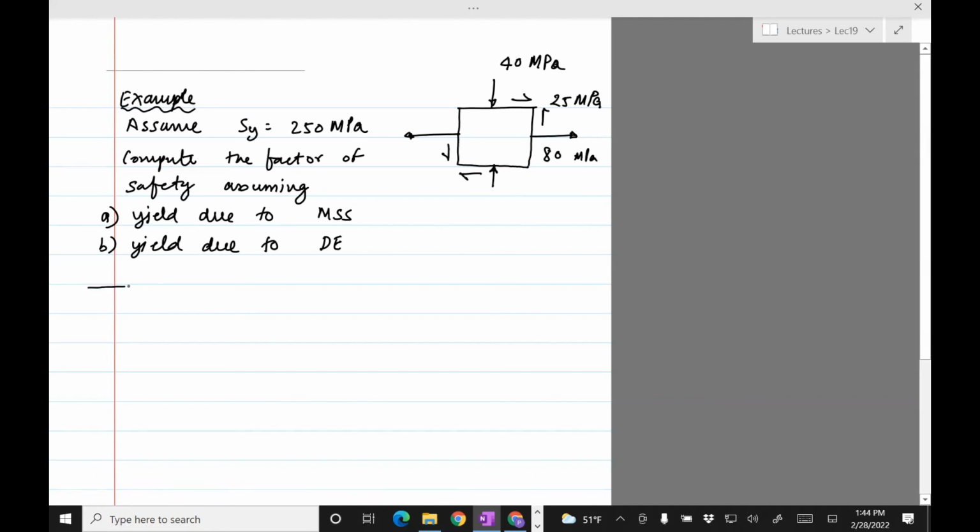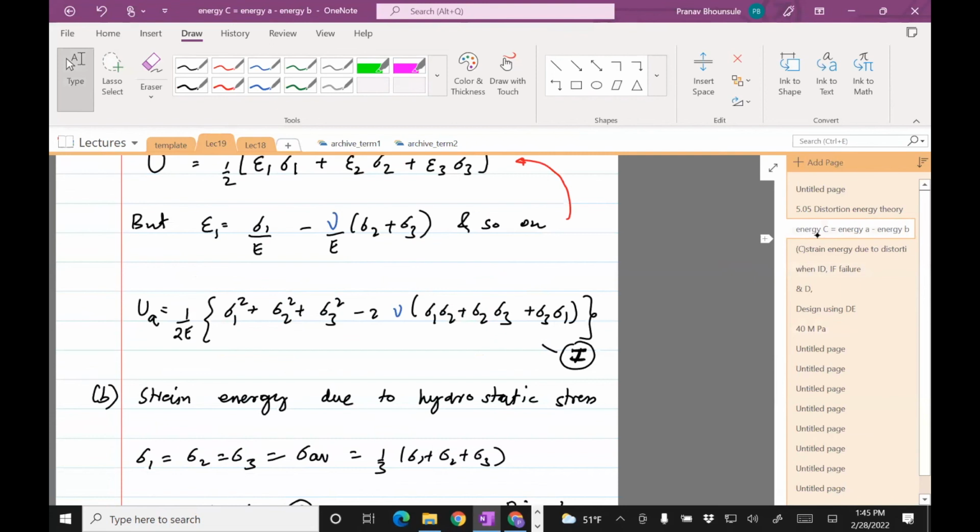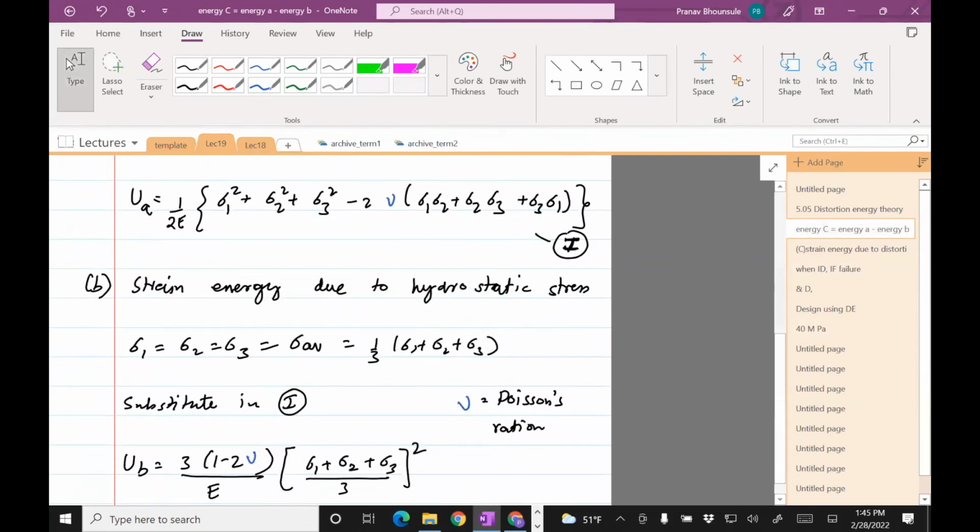Okay, so let's recap the formulas we need to use for distortion energy. The formula is sigma 1 squared plus sigma 2 squared minus sigma 1 sigma 2, to the half. Maybe I've written it slightly differently here just to make it consistent.